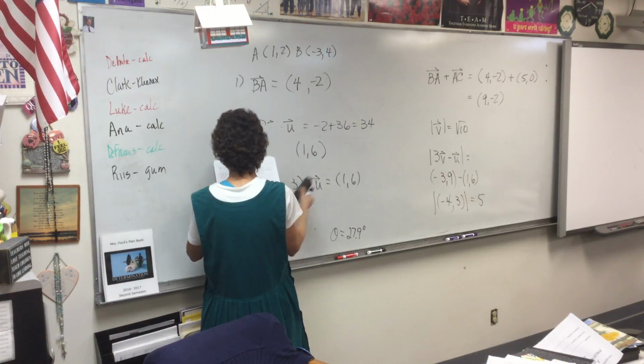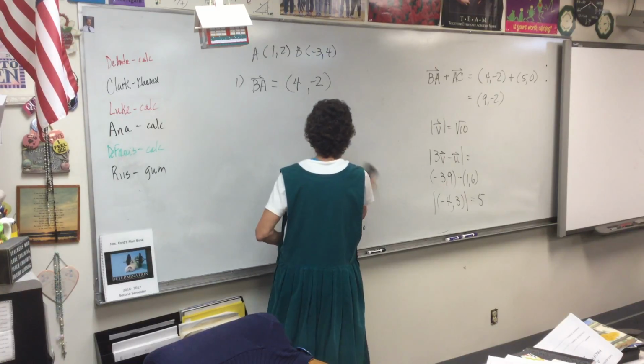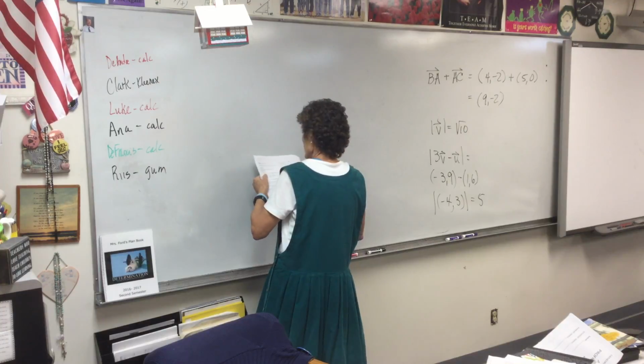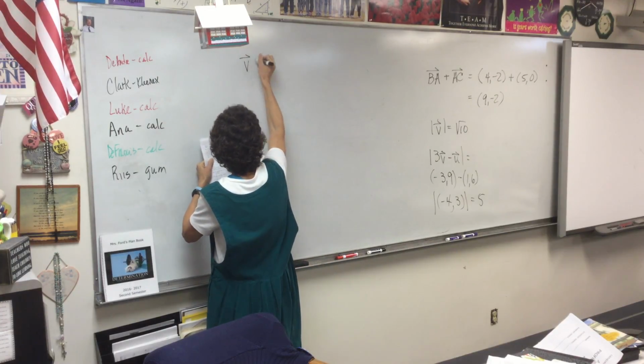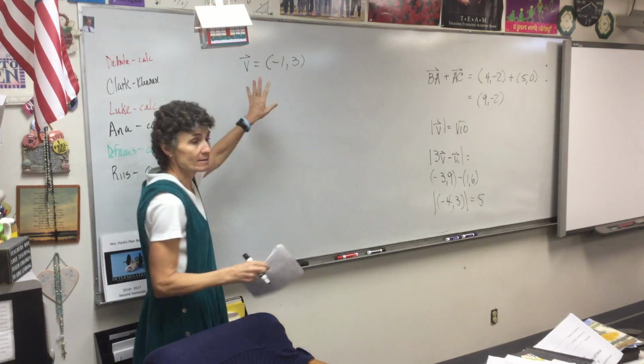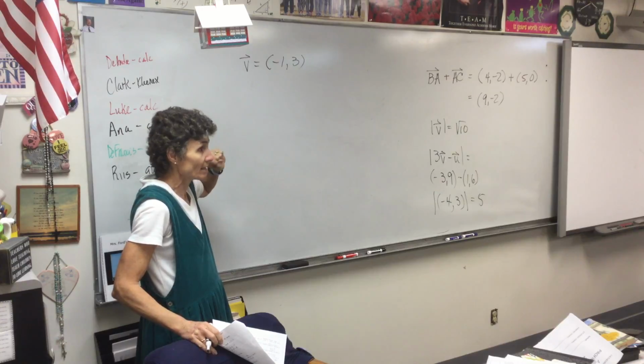All right, so that was 6, so now we are in 7. Find a unit vector in the same direction as V. This we talked about yesterday. How do you make a vector into a unit vector? That is not a unit vector. You've already told me that guy is root 10 long.